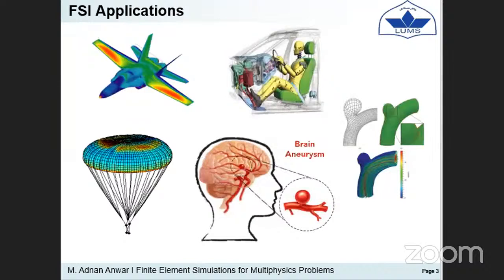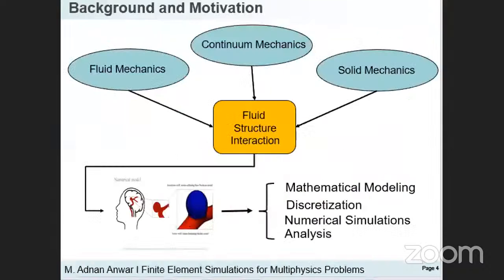Apart from airbags, it has applications in aerodynamics, in submarines, underwater, in bioengineering. Stent implantation, clipping, aneurysm, and cardiovascular diseases are famous problems of fluid structure interaction. To solve a fluid structure interaction problem, one needs to be expert in interdisciplinary subjects.